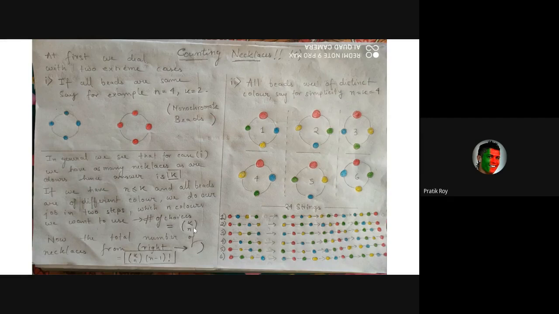So now what happens if we are dealing with something in between? In this example, I have taken n to be 4 and k equals 2. I have taken 2 possible colors, and I have 4 beads for the necklace model. So we are dealing with polychromatic necklaces, to be precise, and I don't restrict the necklaces to have beads of different colors.